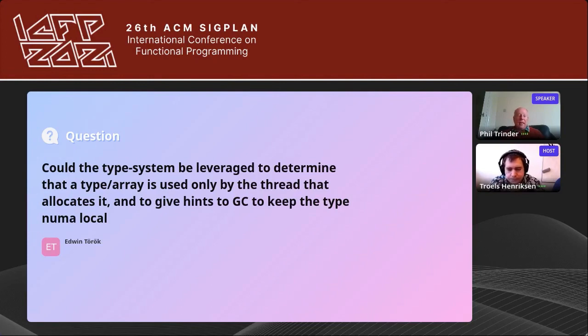So in a language like Clean that had uniqueness types, that kind of thing could be done. Haskell doesn't have uniqueness types. I would maybe defer that to people who know more about how to use the type system. So in theory, yes. In practice, I'm not sure.